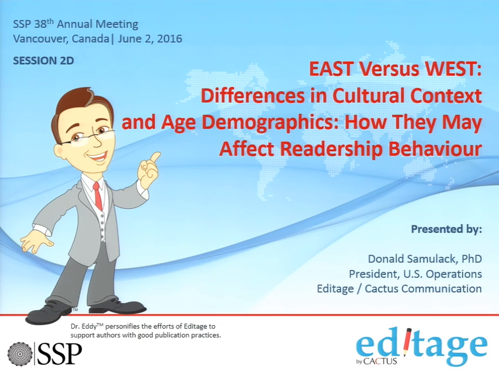A lot of what we're going to be talking about and exploring are the differences that are cultural, age, demographic, and other aspects of geography in the realm of publishing, and how faculty and others view that which is published. Myself, Don Samulack, I represent the company Editage Cactus Communications, and we work with a lot of authors worldwide in language publishing and a variety of other author support capacities.